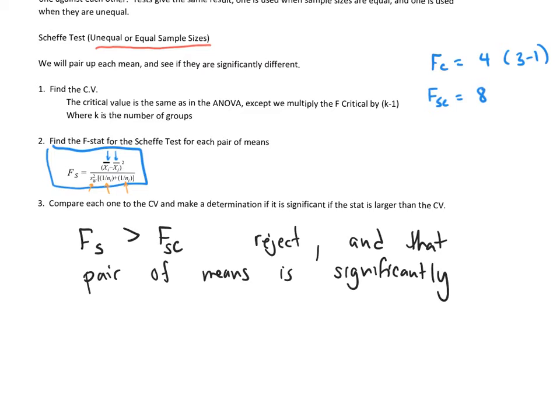So we'll test each pair just by calculating one number and comparing it all to the same critical value. And then the trick is, once you have this, try to conclude. If you have certain means that are different than other means, what does that all mean?